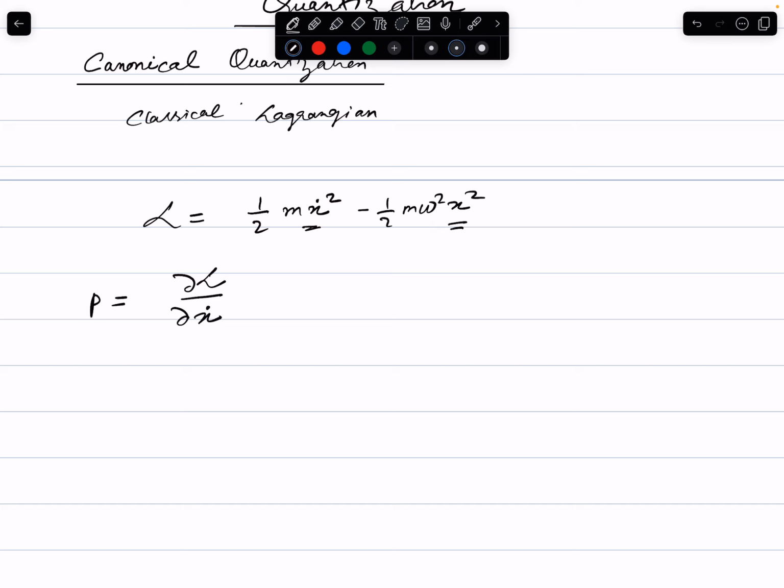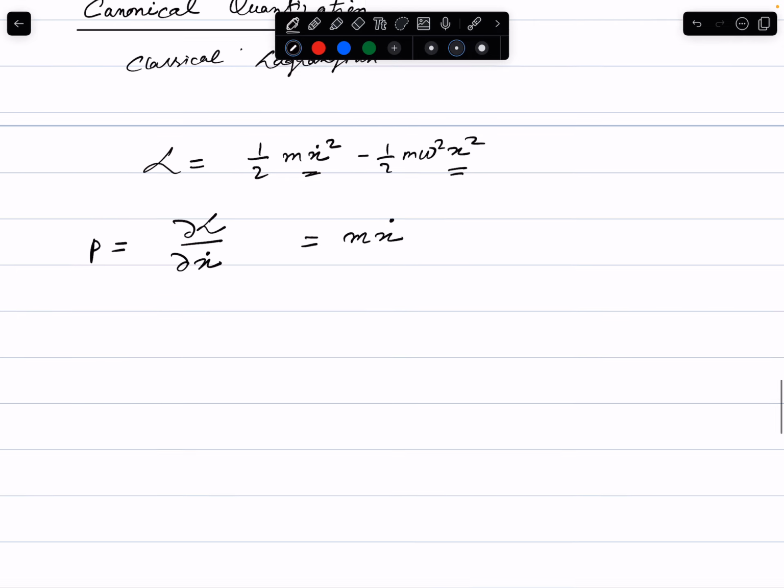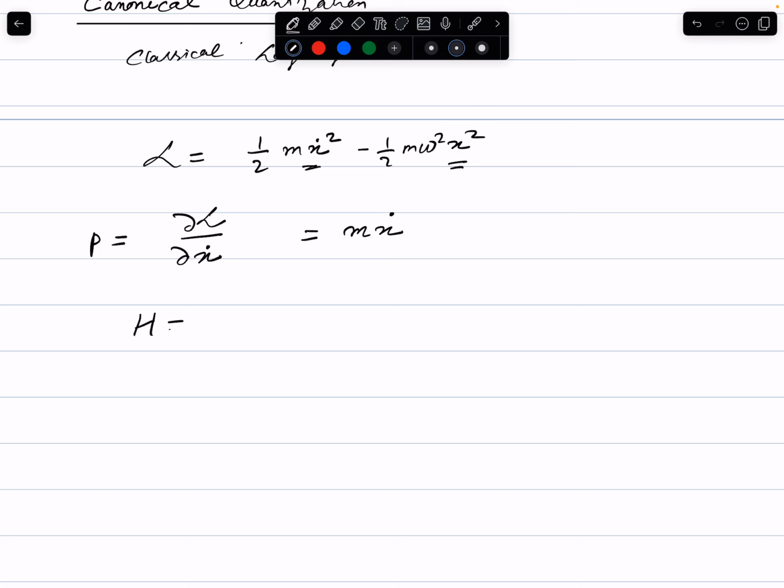So this momentum becomes, in this case, m x dot, and then we can write the Hamiltonian, which is what I had written down before, p squared by 2m plus half m omega squared x squared.